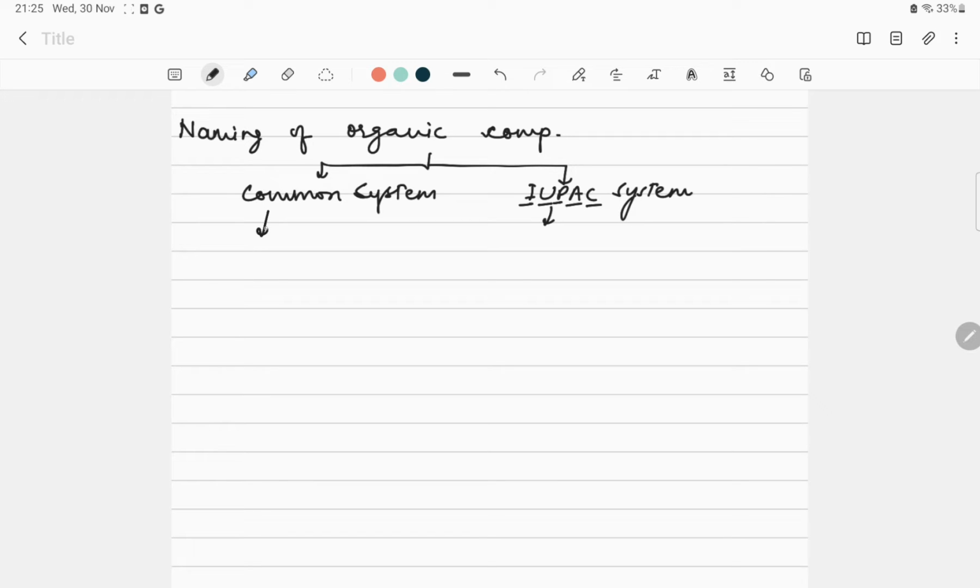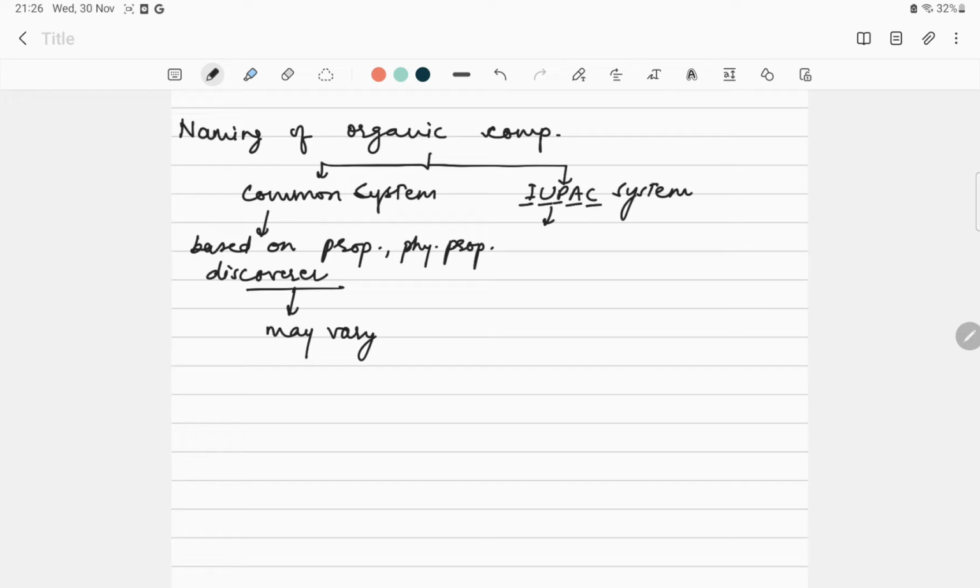Now, if we talk about the common system, the name is based on either one of its properties, or it may be based on its appearance, some physical property, or it may be after the name of the discoverer or a place, etc. So, this common name may vary from place to place, it may change.